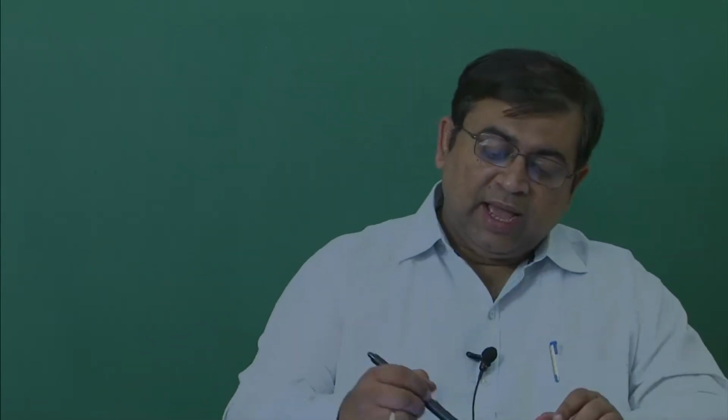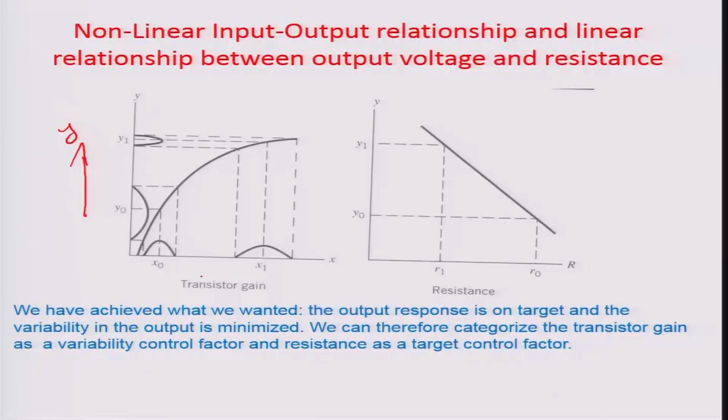So, let us look at this. If you look at the nonlinear response of the output voltage y versus x, as you can see here, one can recall that if the gain were set up at x 0, there is certain variation here in x 0.